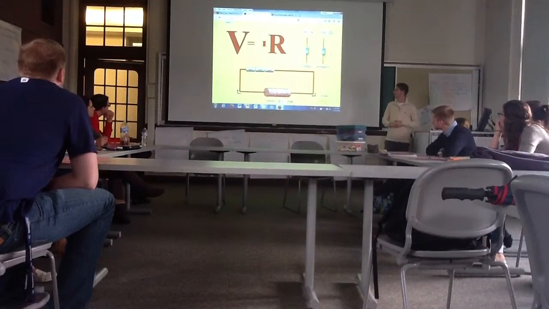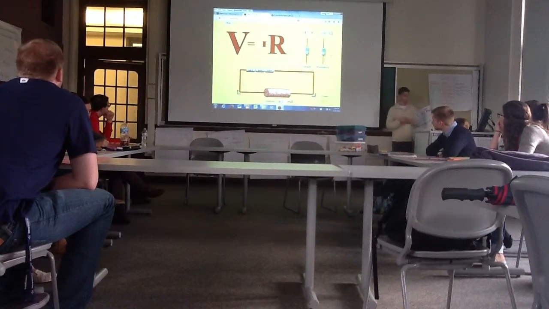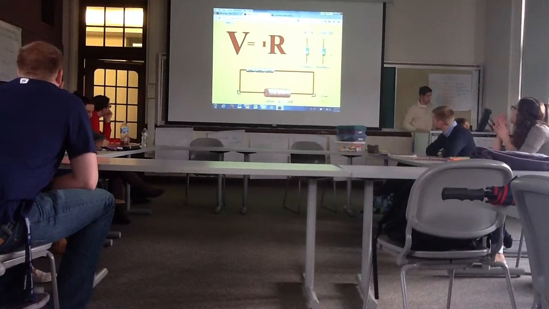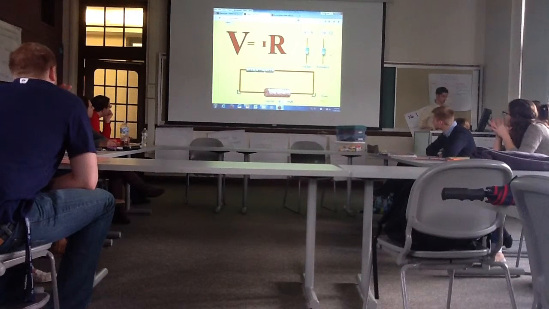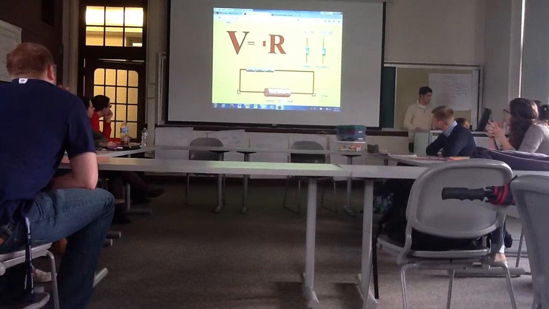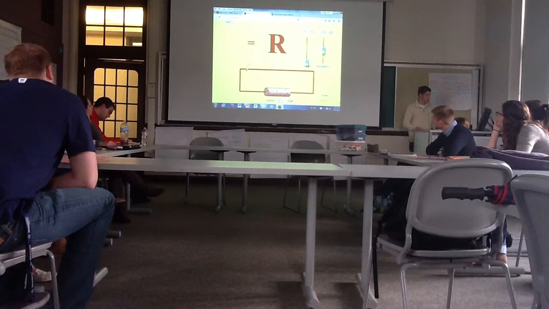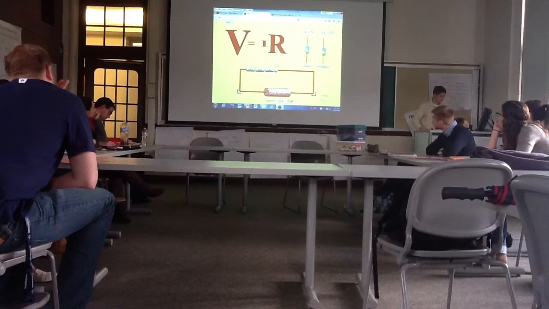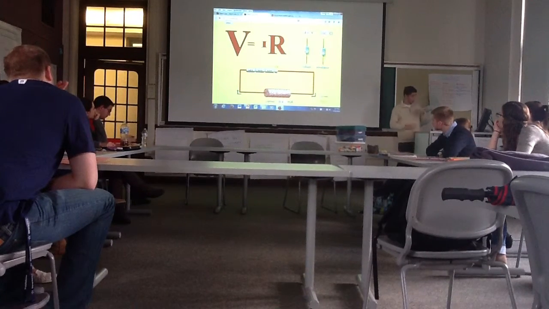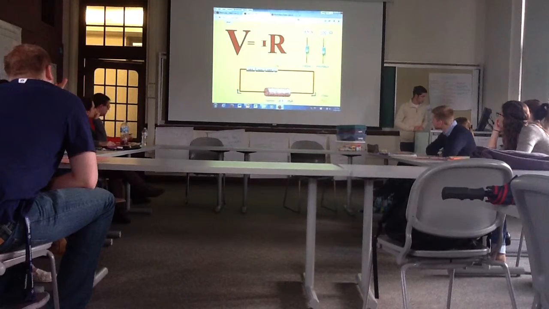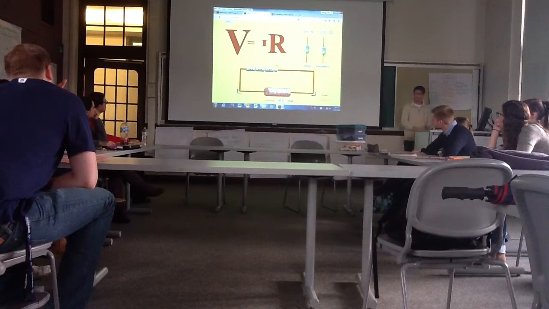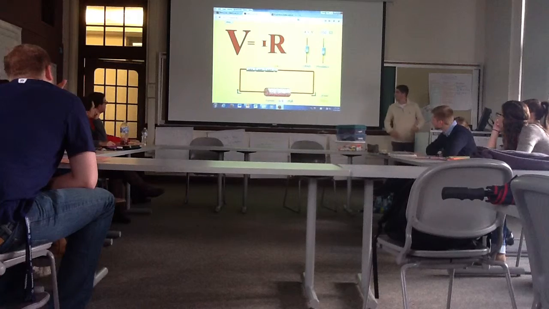Voltage equals current times resistance. So what this allows you to do is play around with a couple of numbers, and it'll change the circuit and the coefficients right there in order to kind of form your own relationship between the variables.